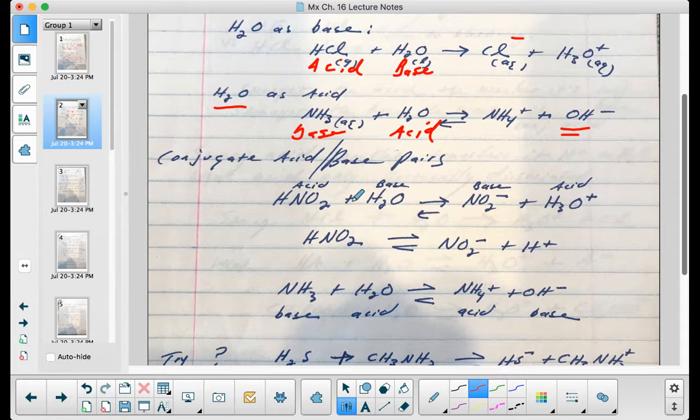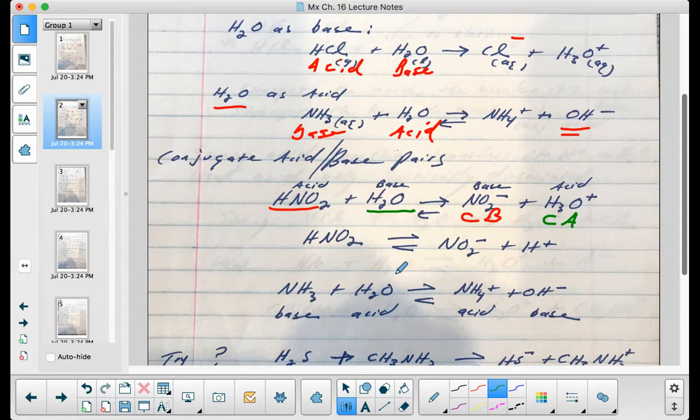So what we say is that the NO2 ion is the conjugate base of the acid, and the H3O positive is the conjugate acid of the base. So that's how we would identify conjugate acid-base pairs.